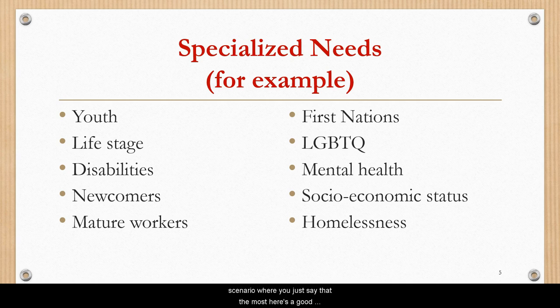You want to avoid a scenario where you just say to them, oh, here's a good website, or here's somebody else you can talk to that will be of more help to you than I am. Have a nice day. So you really want to make sure that you're still working with your clients in a way that helps them feel like they have a chance to tell their story, to express themselves, to get some support on an emotional level if they need it, and so on.